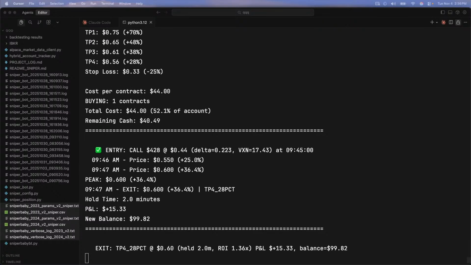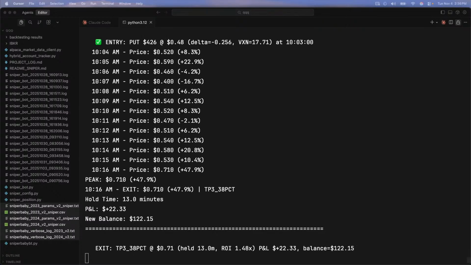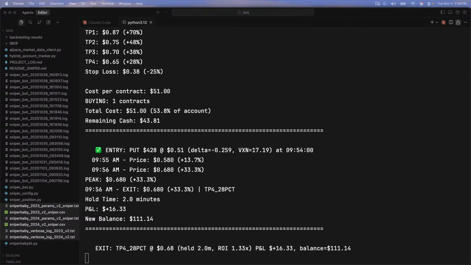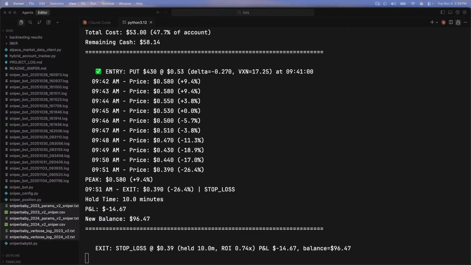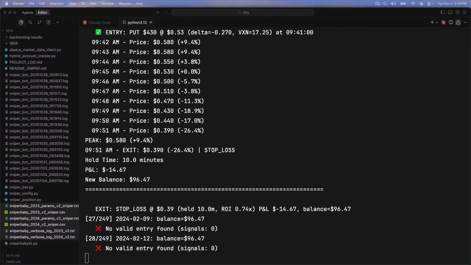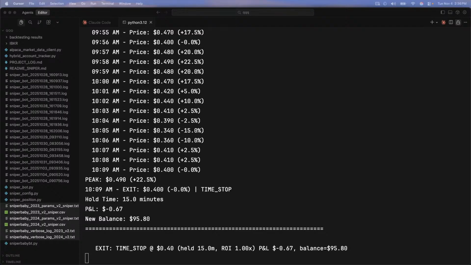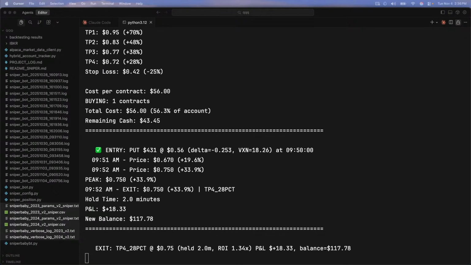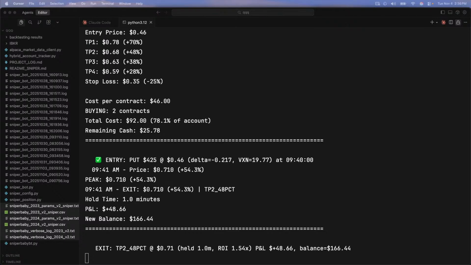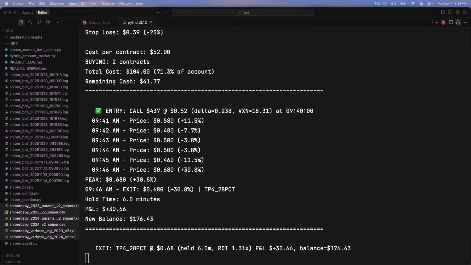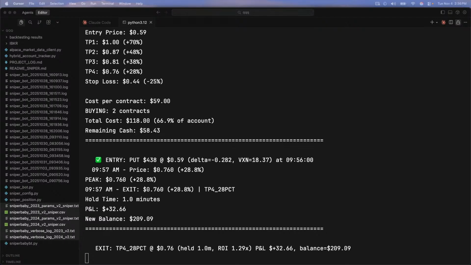Time stop, stop loss. So let's see what it does. Let's see what it's cooking.